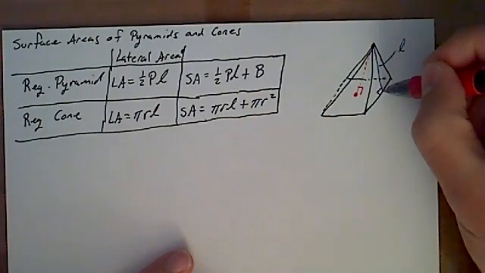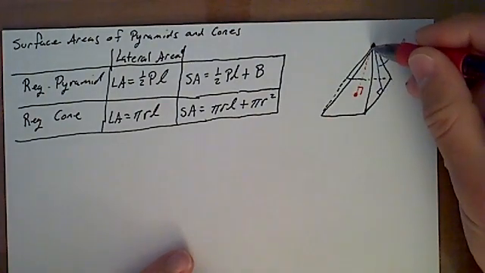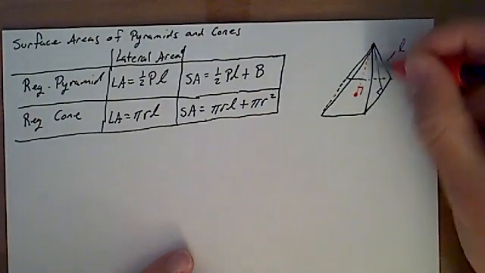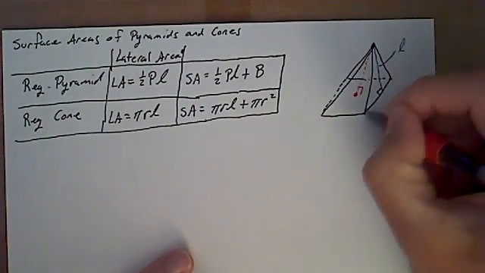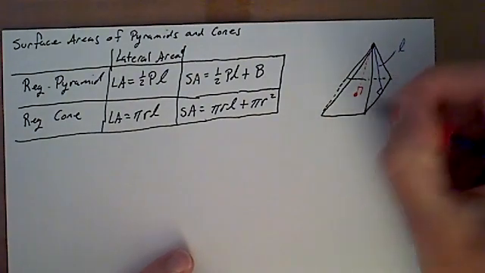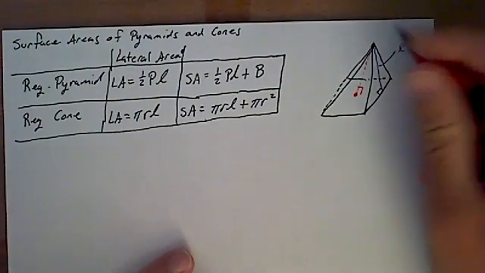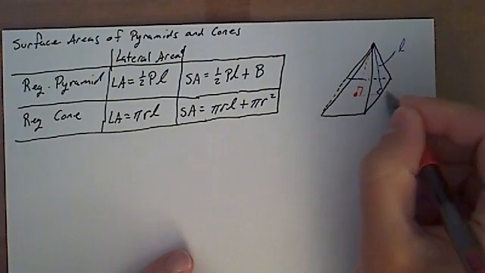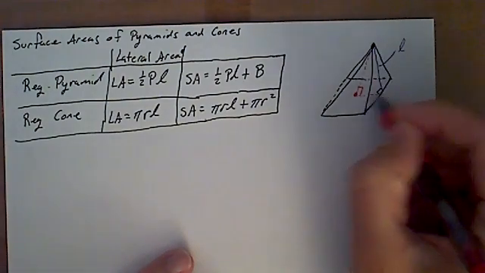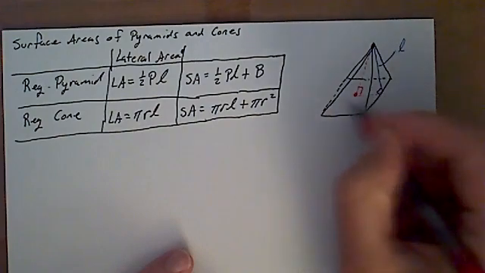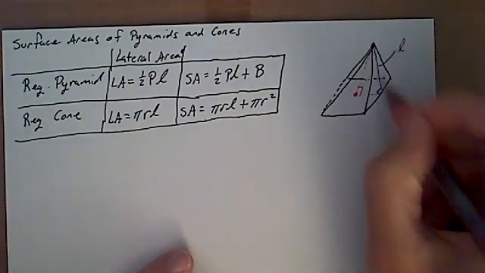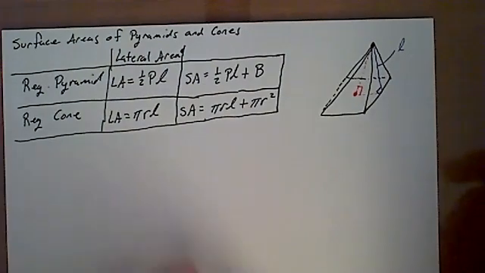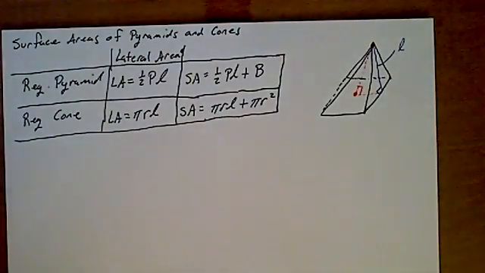You have a right triangle with the slant height, the edge of the pyramid, and half of one of the bases of the triangle here. Right, you have a right triangle. You also have a right triangle being formed with the height, the apothem, right, of the base, and the side here. Right, so a few different things that we should be able to notice about that's going on there.